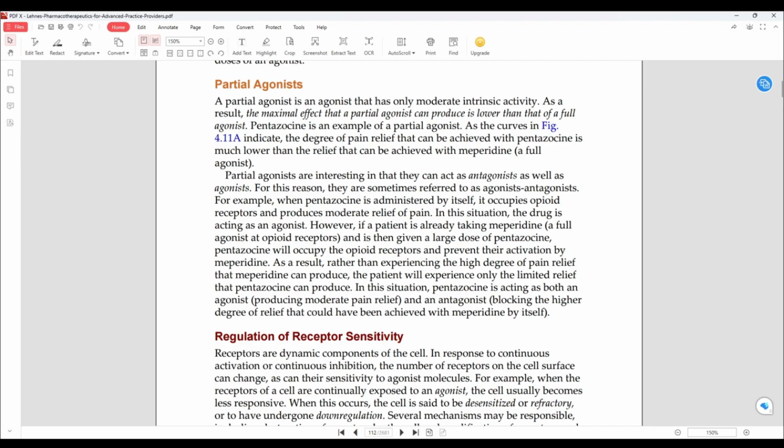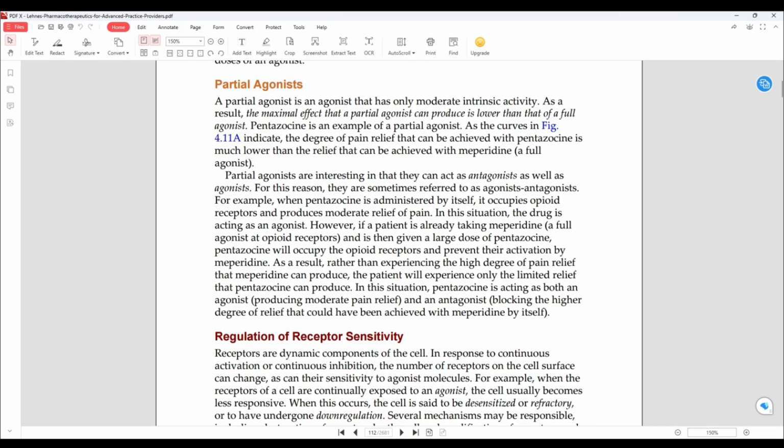As the curves in figure 4.11 indicate, the degree of pain relief that can be achieved with pentazocine is much lower than the relief that can be achieved with meperidine, which is a full agonist. Partial agonists are interesting in that they can act as an antagonist as well as an agonist. For this reason, they are sometimes referred to as agonist-antagonists.